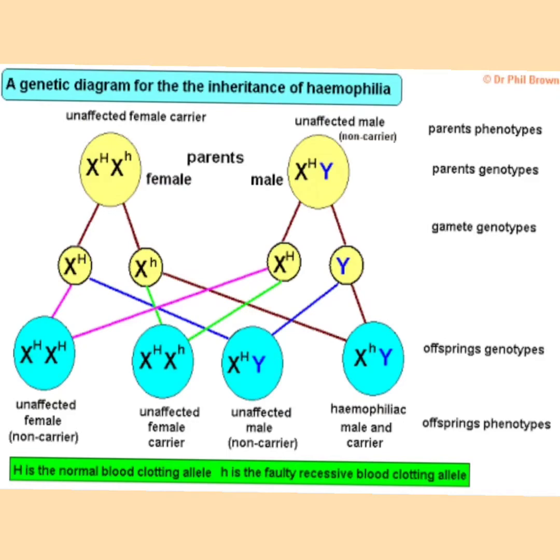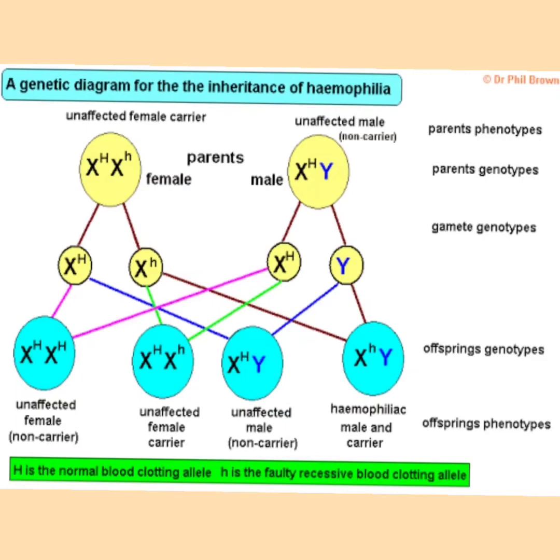When the offspring genotypes are formed, one female is formed with X and X with normal alleles of hemophilia, where she is not a carrier and is not affected. One female is unaffected but is a carrier because she has the recessive allele of hemophilia.